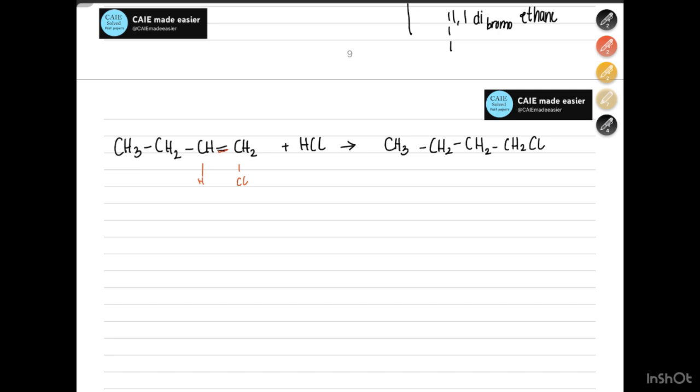If you want to name it, what will you say? So this is butene and hydrogen chloride. It forms chloromethane.